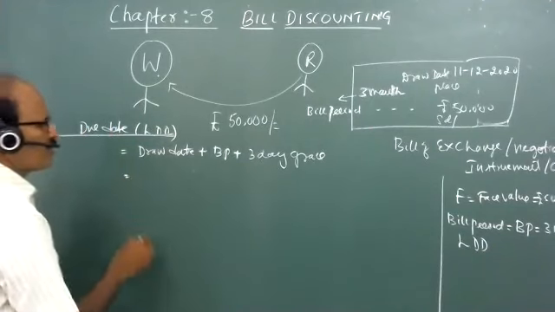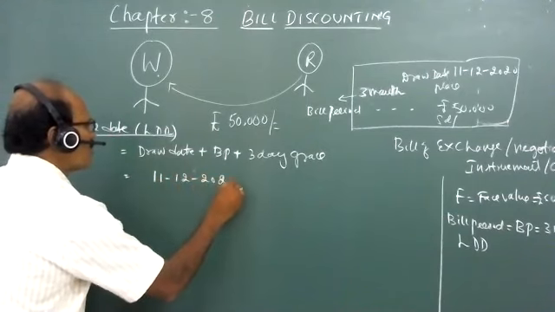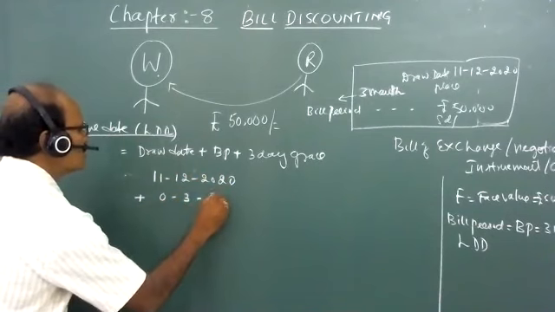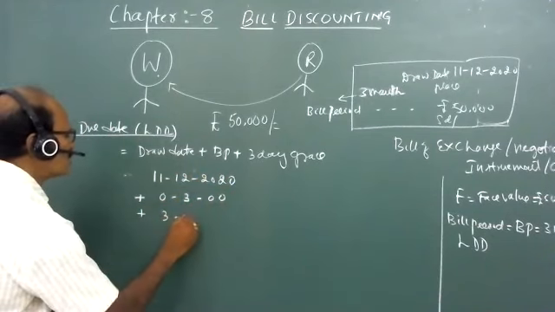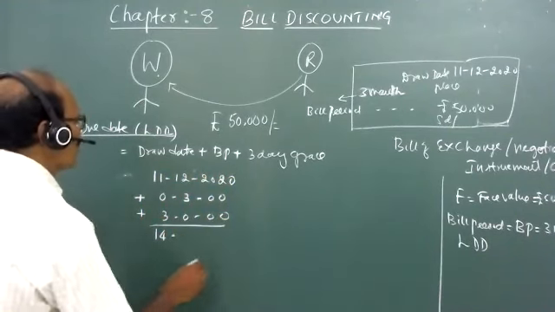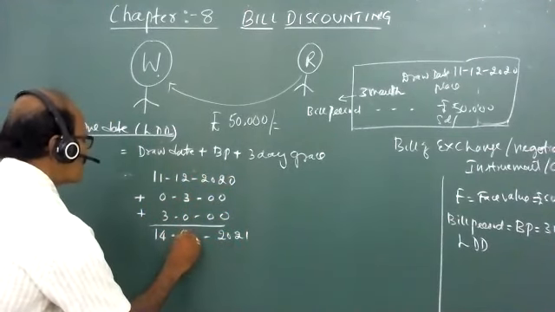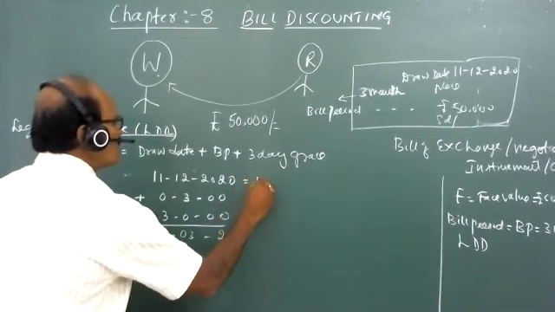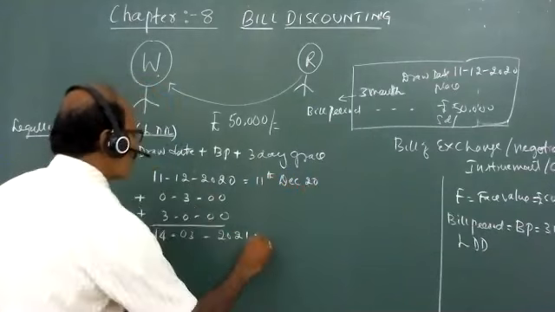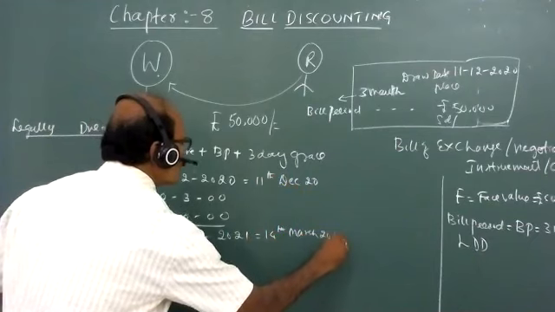If you calculate it, the draw date is 11/12/2020, plus the bill period of 3 months and plus 3 days grace, so it becomes 14 March 2021.